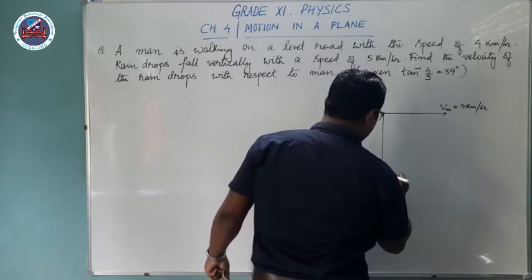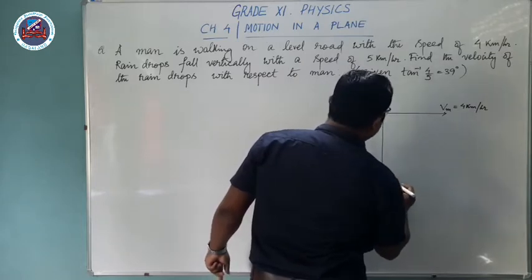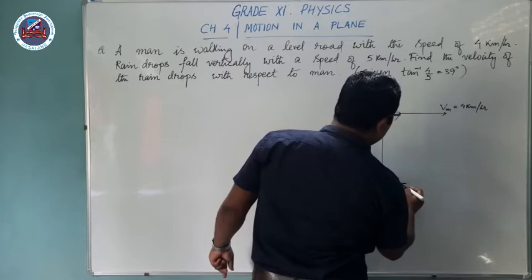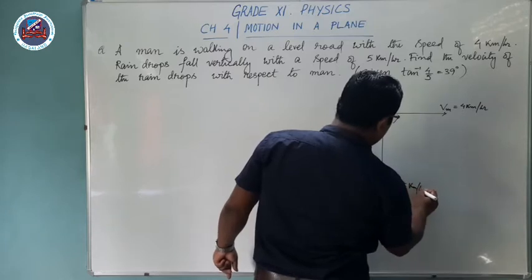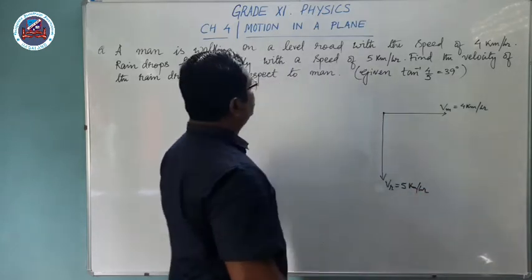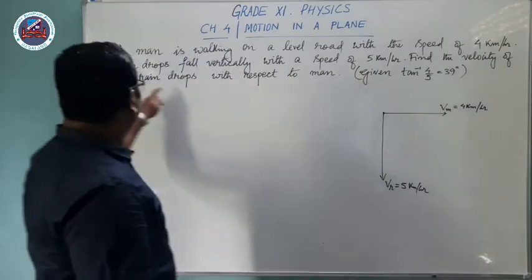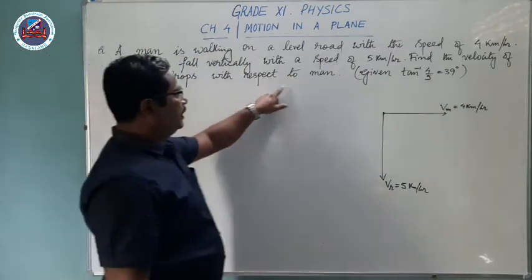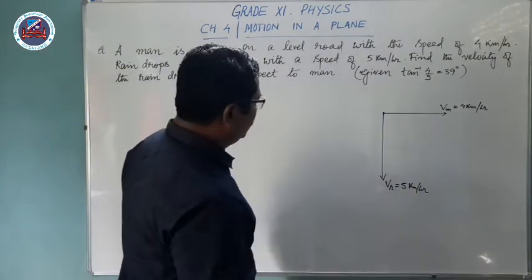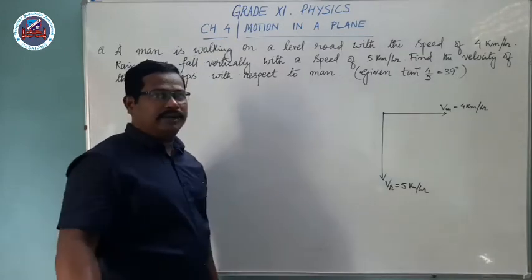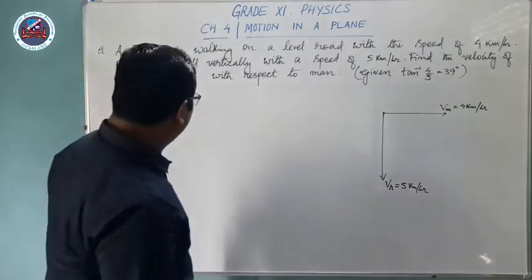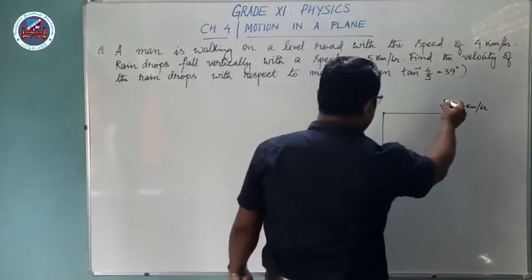The velocity of the rain is 5 km per hour. Find the velocity of the raindrops with respect to the man. These are in terms of vectors.